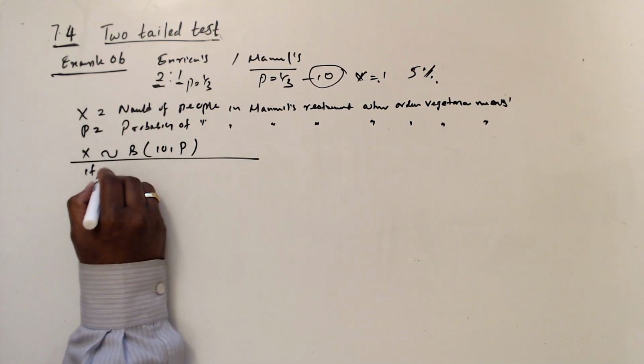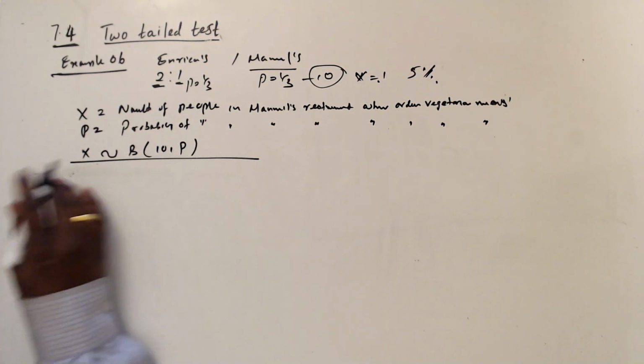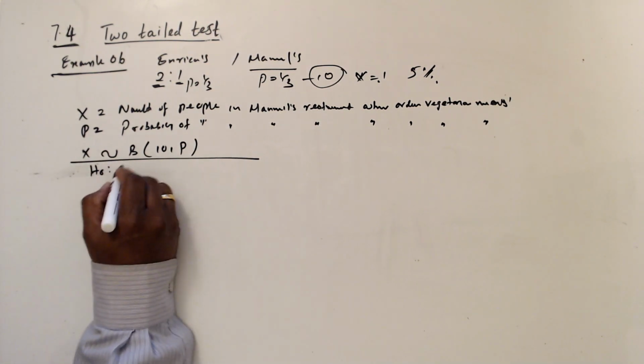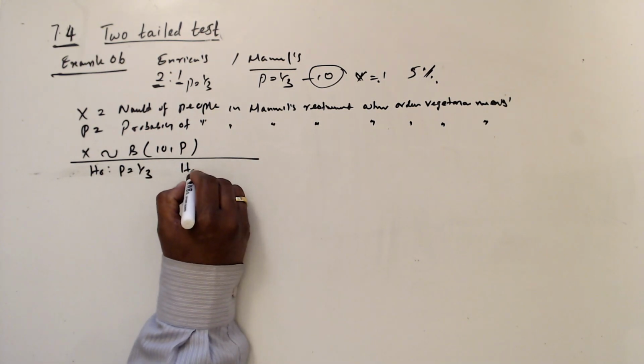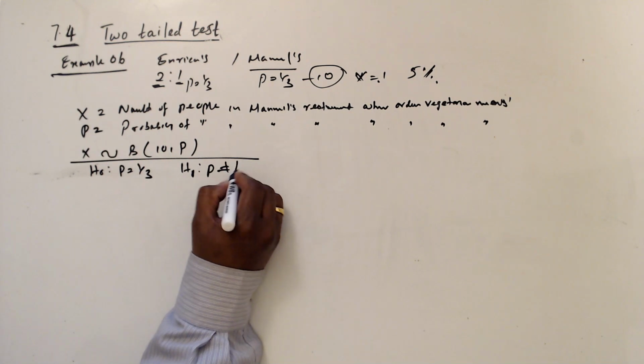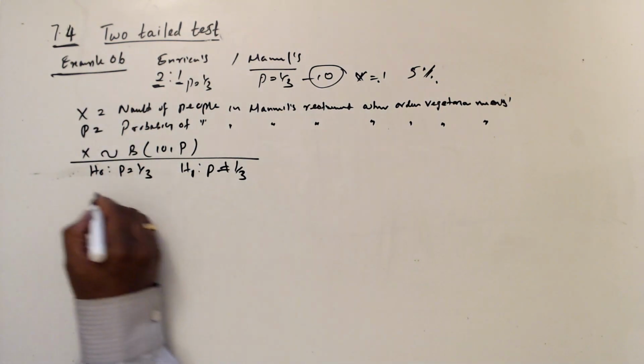So if H0 is true, okay, now we'll write the hypothesis. H0 is p equal to 1 over 3, and the alternative hypothesis is p not equal to 1 over 3. So this is going to be a two-tail test.